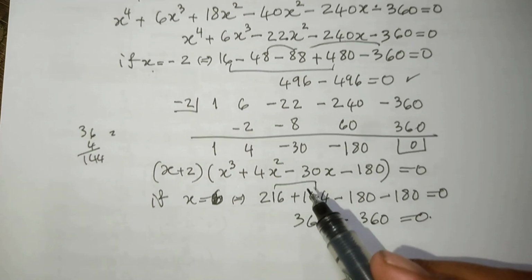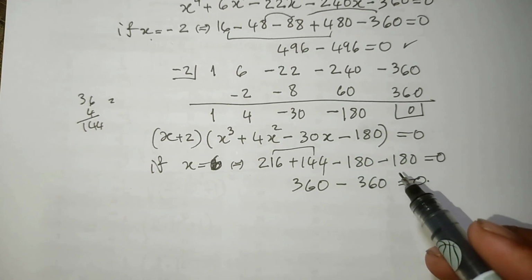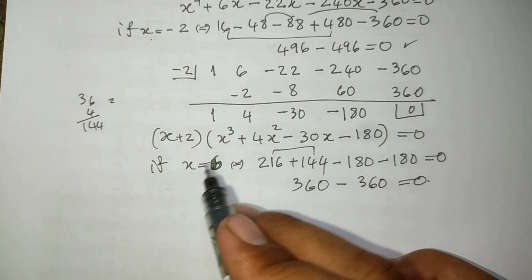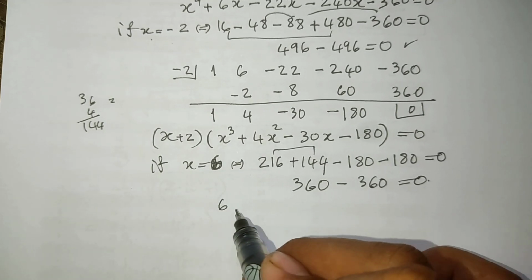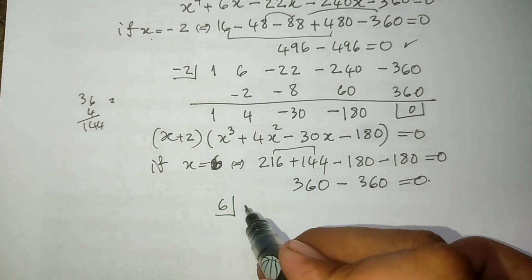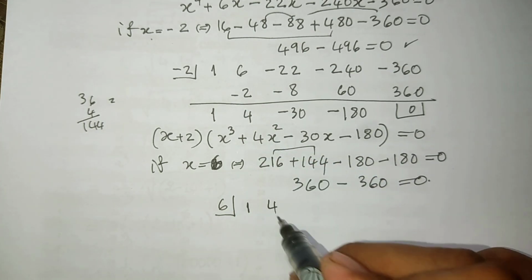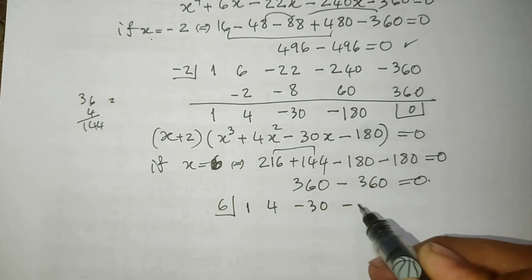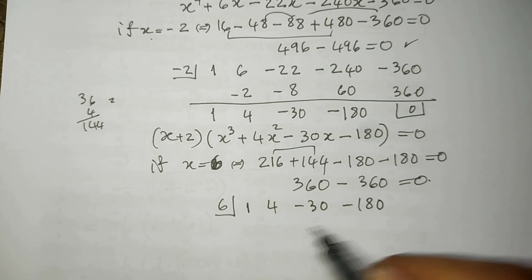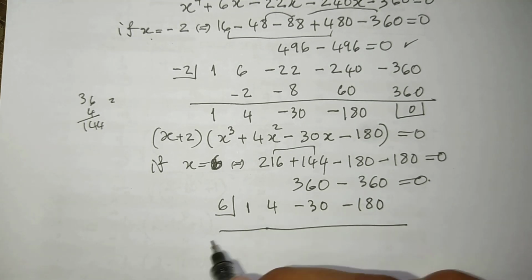And now I divide by synthetic division. I get 6 and the coefficients 1, 4, minus 30, minus 180.